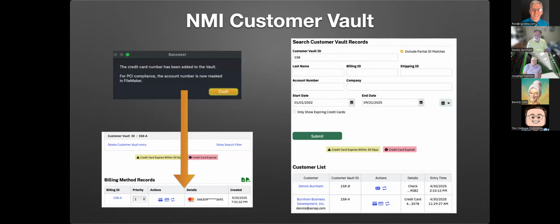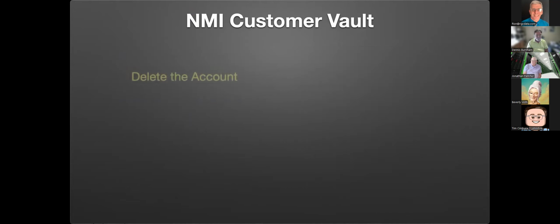What I've used in my own account in order to manage that is I have the credit card with a -A and the bank account with a -B. So if I check the little box that says partial ID matches, I can see in the list at the bottom that this particular customer, which is me, has both a credit card and a bank account stored for future use.